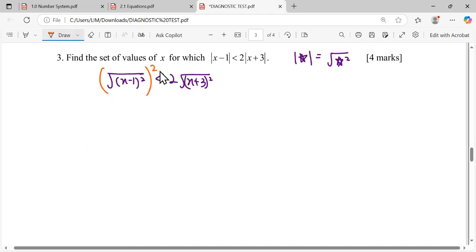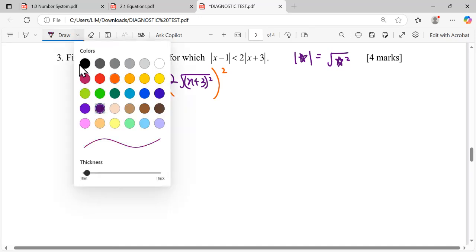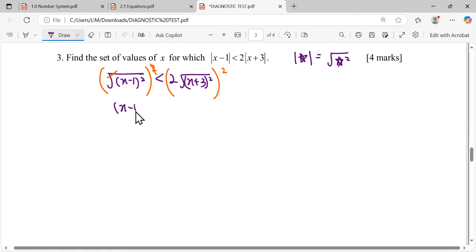We are going to square both sides for this special form of inequality. Squaring both sides, the square root and square cancel, leaving x minus 1 squared. 2 squared gives us 4. And this is x plus 3 squared.